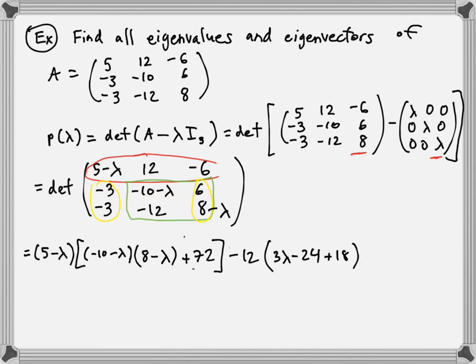And then finally minus 6 times, let me see, I multiply those together. I get 6 minus 3 lambda, because we're doing 36 minus, and then negative 3 times negative 10 minus lambda.